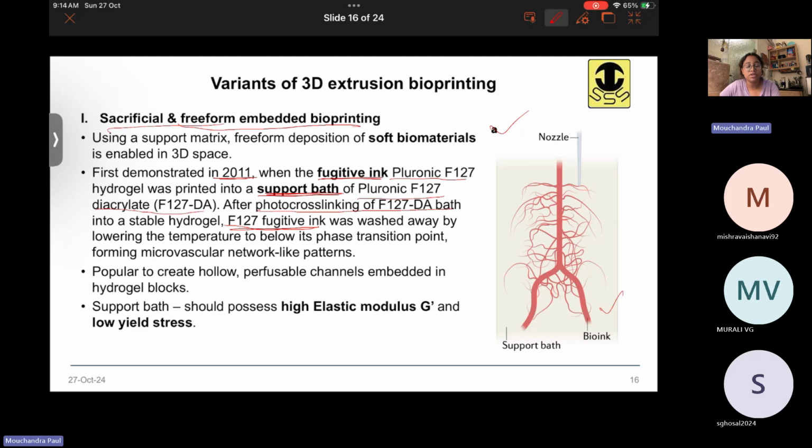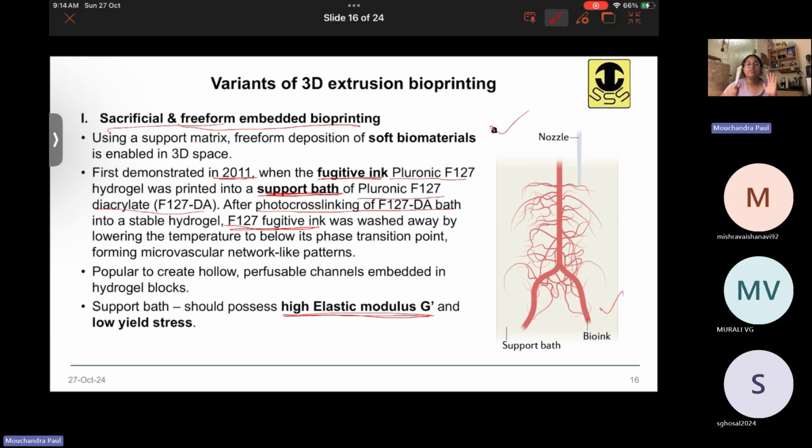The support bath property should be kept in mind. What property should it have? First, it should possess a very high elastic modulus, G prime. So for the sake of simplicity, let's understand elastic modulus as a measure of how much the fluid acts like a solid. When you talk about solid materials, they are not very easy to deform. It means when you apply some shear force, the structure will remain the same.